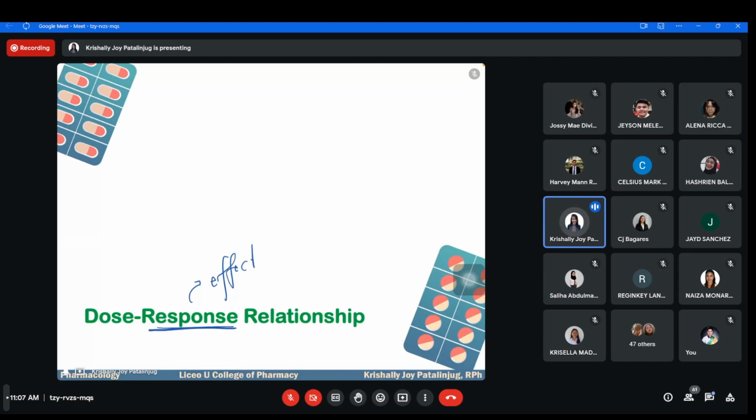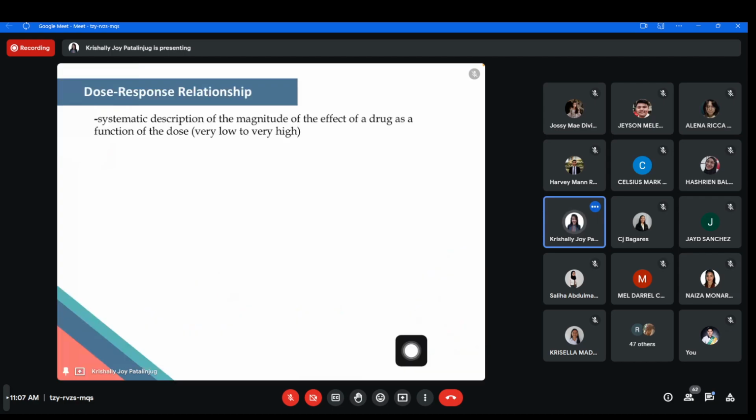Also, you will learn here how we can graphically represent this kind of relationship. Okay? And usually, yung graphical representation is also known as dose response curve. So later, I will introduce a graphical representation of the dose response relationship.